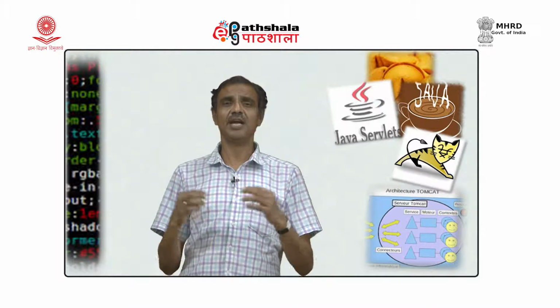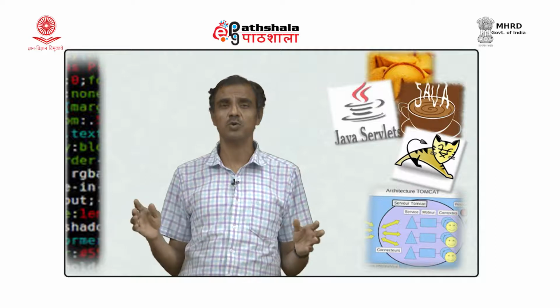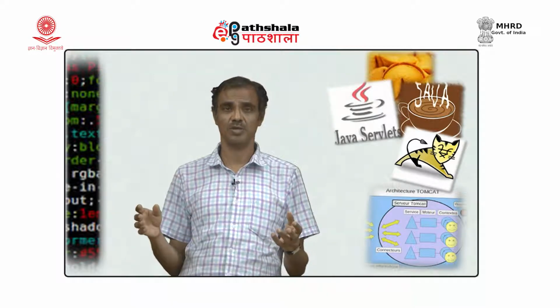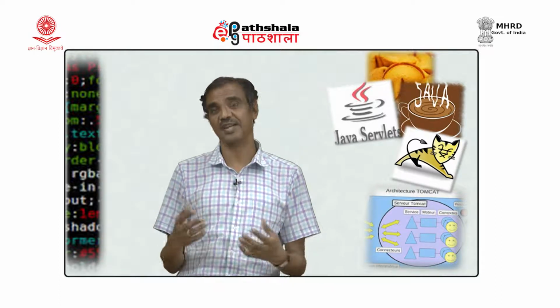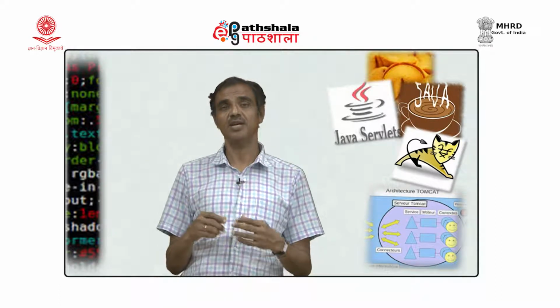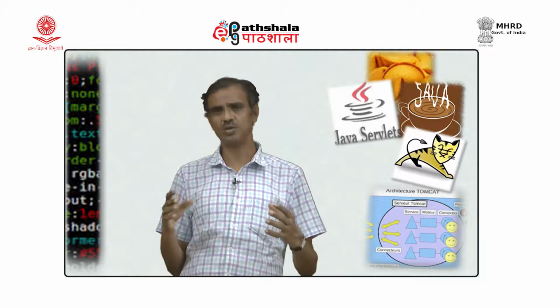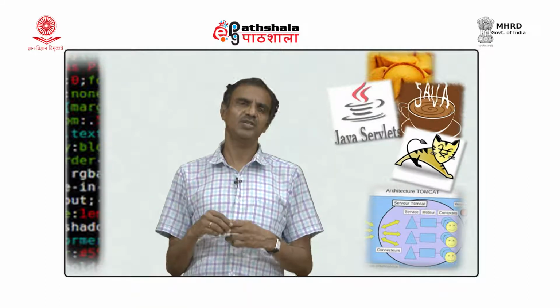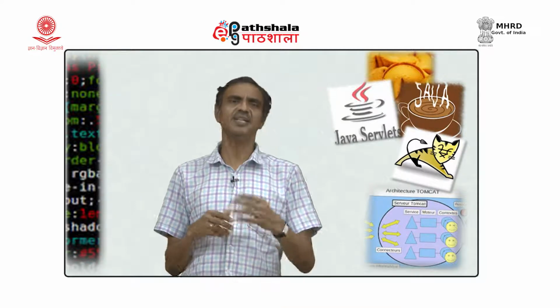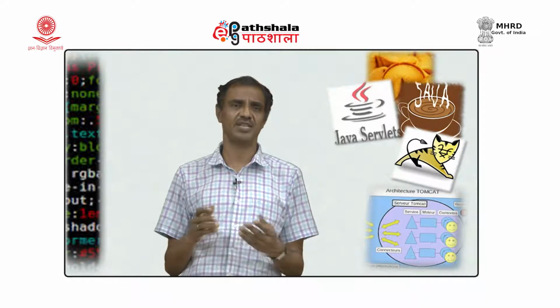Any bean, any attribute available in any of the scopes can directly be used. Of course, the name of that attribute should be a valid Java identifier, following the syntax of a Java identifier. Then it can be used in your expression language straight away.